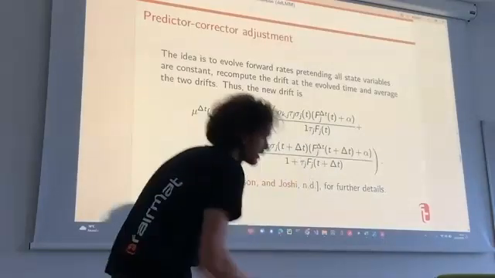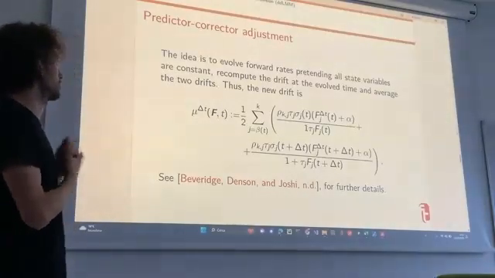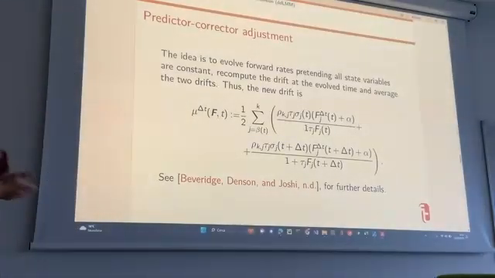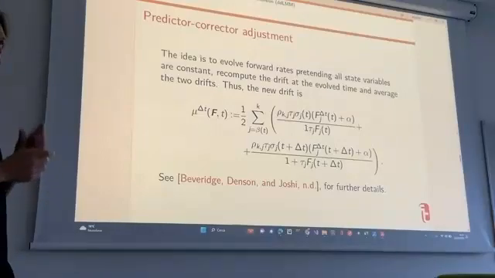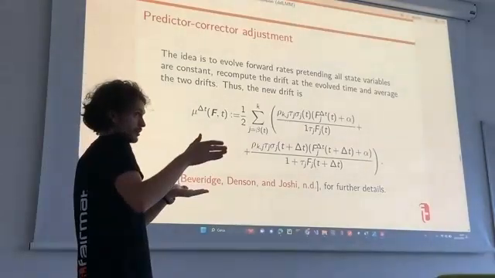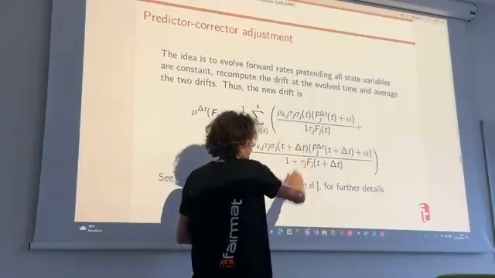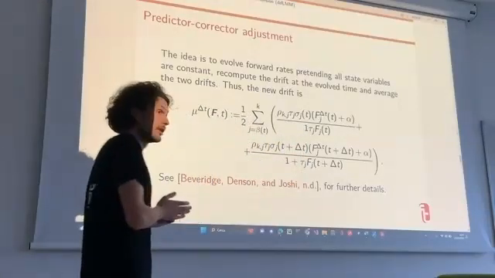Now the last feature we included in this model is the predictor corrector. This is nothing else than a feature done in order to reduce the variance between the time steps. Basically, we are doing nothing else than averaging the drift.